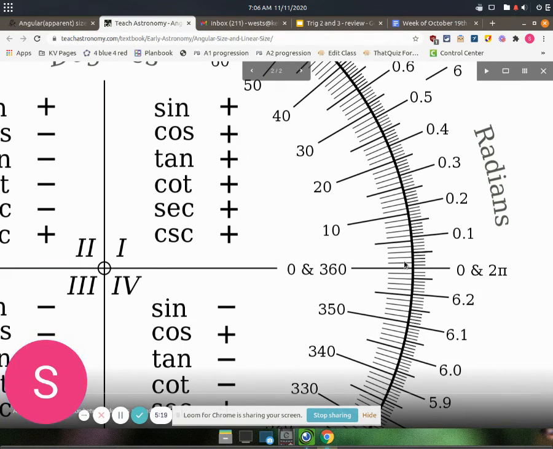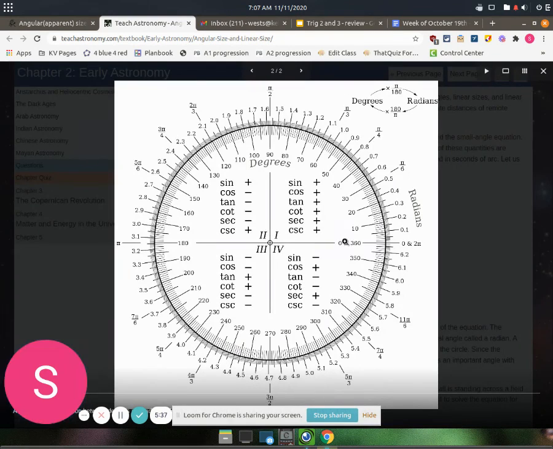So this would be 1 degree, 2 degrees. And they even have it broken down for radians as well. If this is 1 radian, they have it broken down right here where this would be 1/2 of a radian, and they make smaller and smaller tick marks. Anyway, they're going to be using really, really small angles. That's the idea. We'll do some examples next.